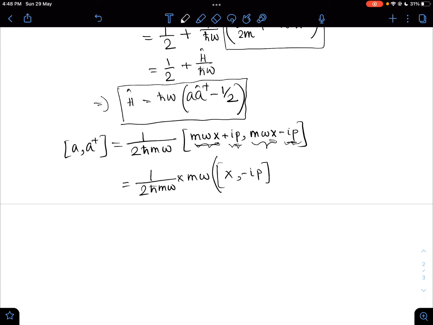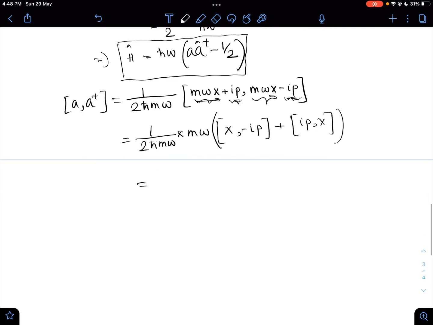This is our first term, and we have another term which is ipx. So we can write this as 1 by 2 h cut, and from here we can have minus i, and we can have i here. So basically we will have product with 2i, and we have commutation of p with x.